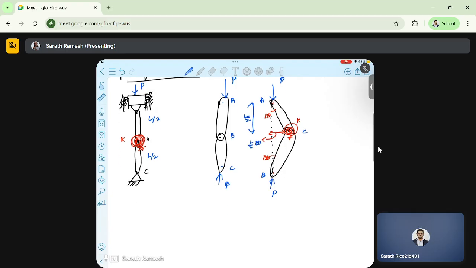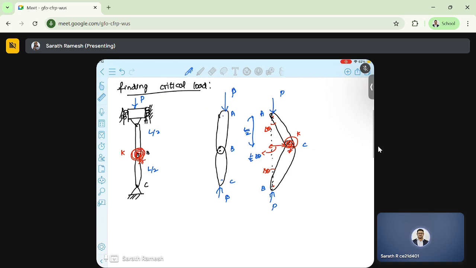Now if you want to write the moment equilibrium, we can write P times L by 2 into sine of delta theta.